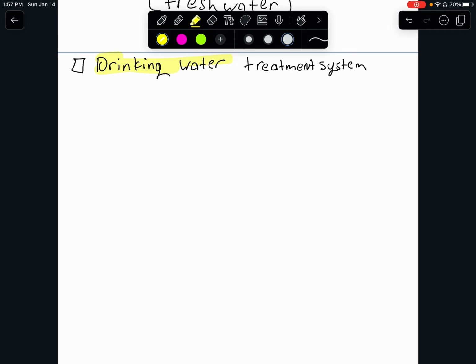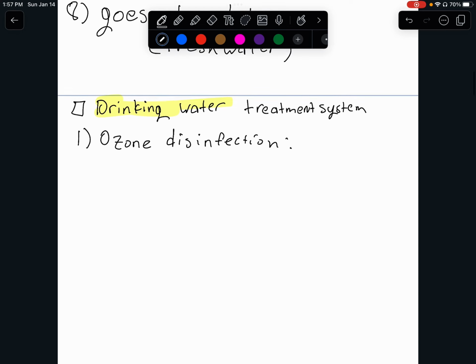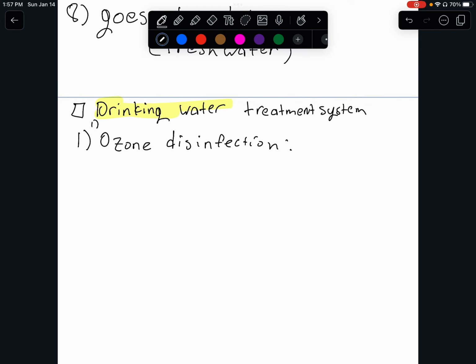So the first one is going to be, ready, ozone disinfection. So this first one is from lake water. Right, so lake water to drinking water.